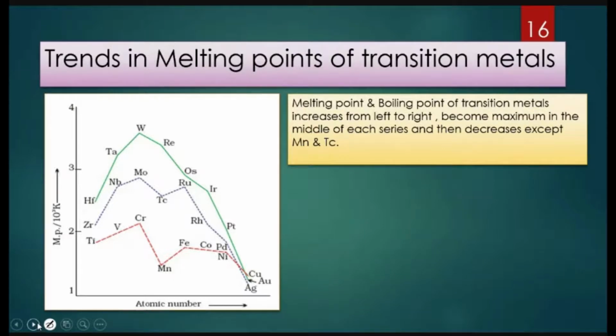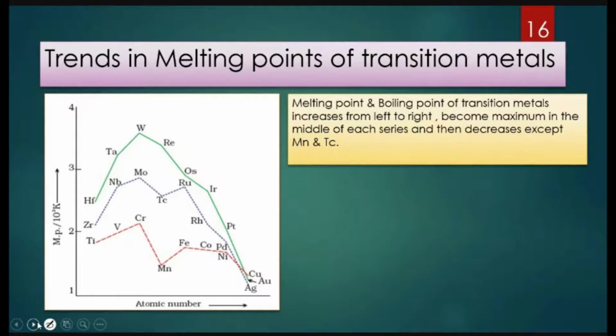Look at the third transition series from hafnium to gold. From left to right it keeps on increasing, becomes maximum in the middle of each series and then decreases, except in the case of manganese and technetium. Here you can see there is a dip in the melting point of technetium and manganese.